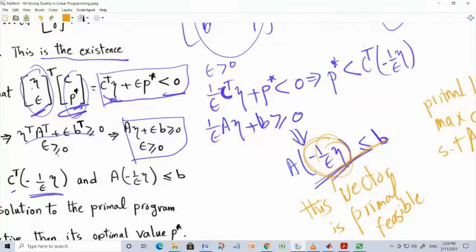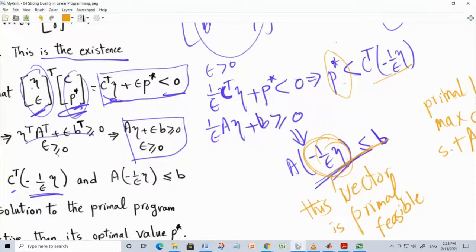But C transpose multiplied by this vector gives you a value that is strictly greater than B star. What is C transpose by the vector? It's the objective function. So that's a contradiction, because B star by definition is the optimal value for the primal linear program.